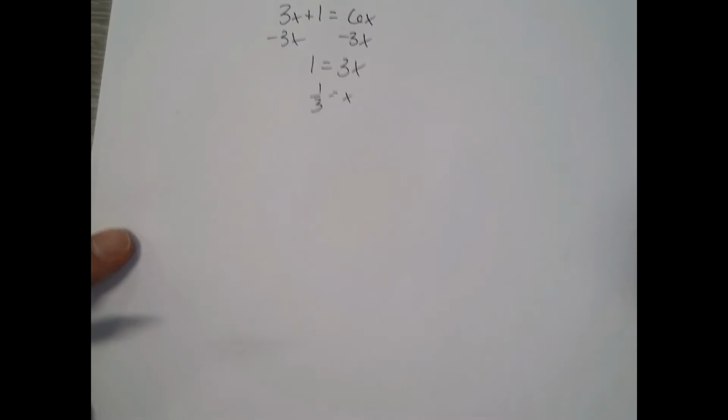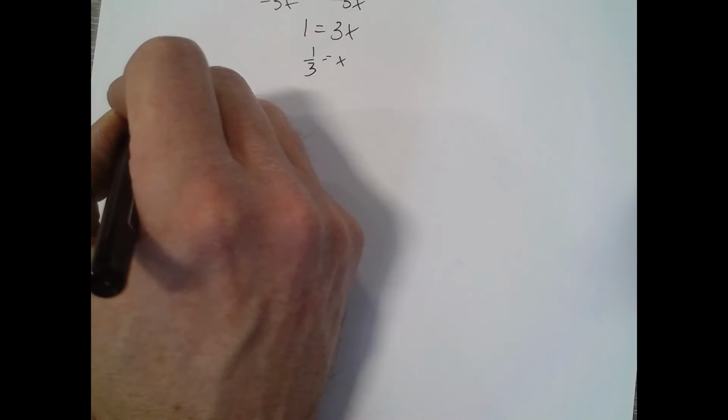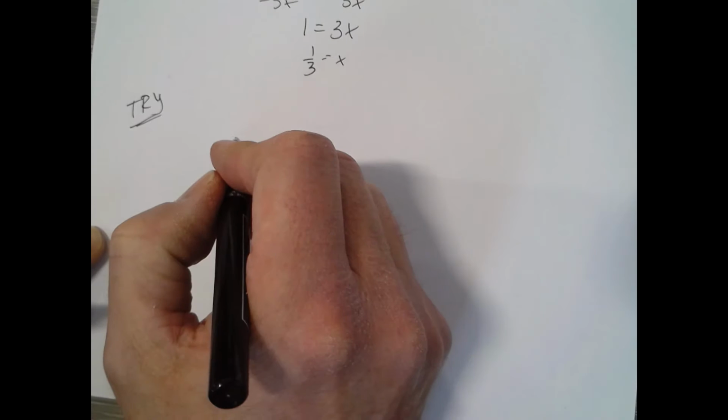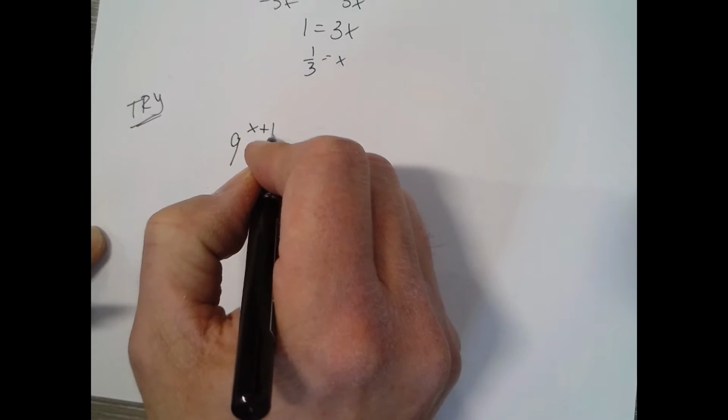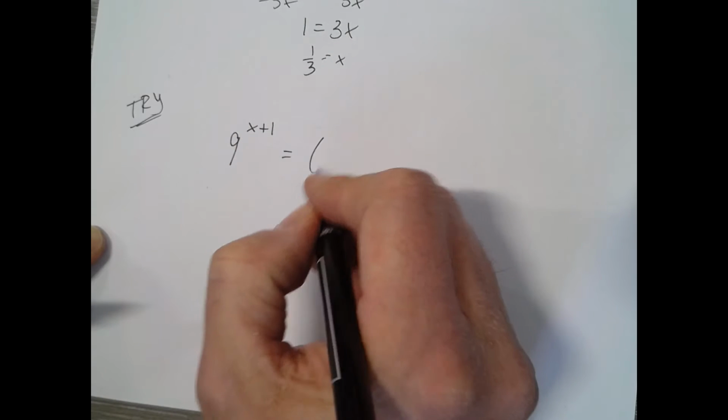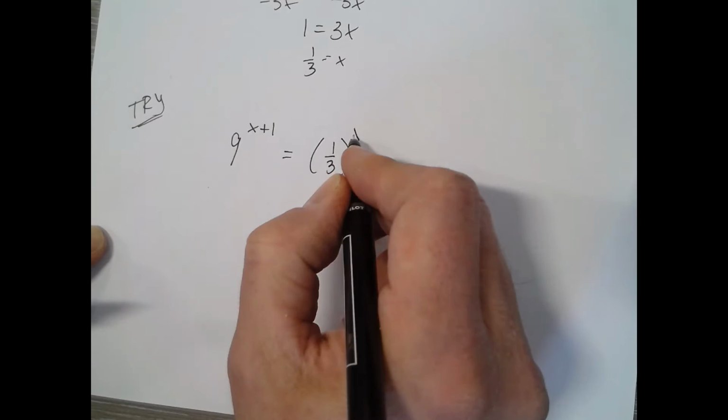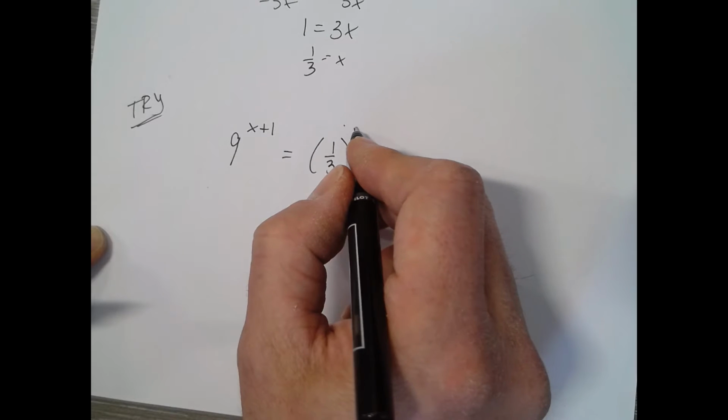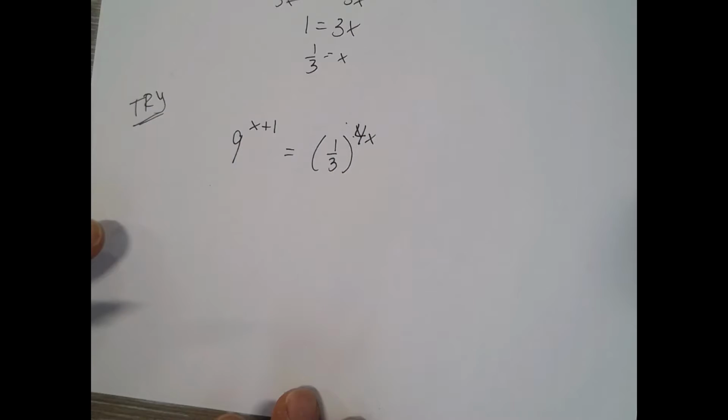Here, I'll have you try one. That's a 4x. See if you can get anywhere. This is harder than the one I just did. See if you can get anywhere with it.